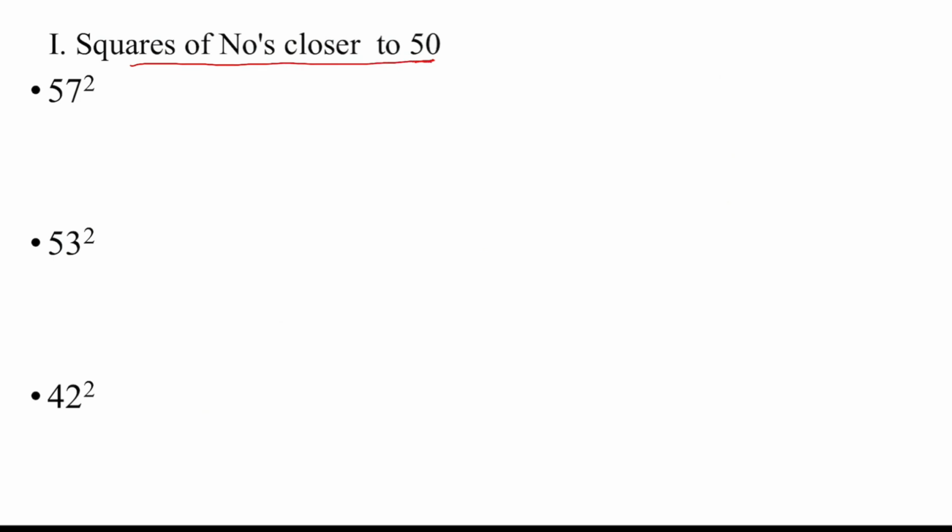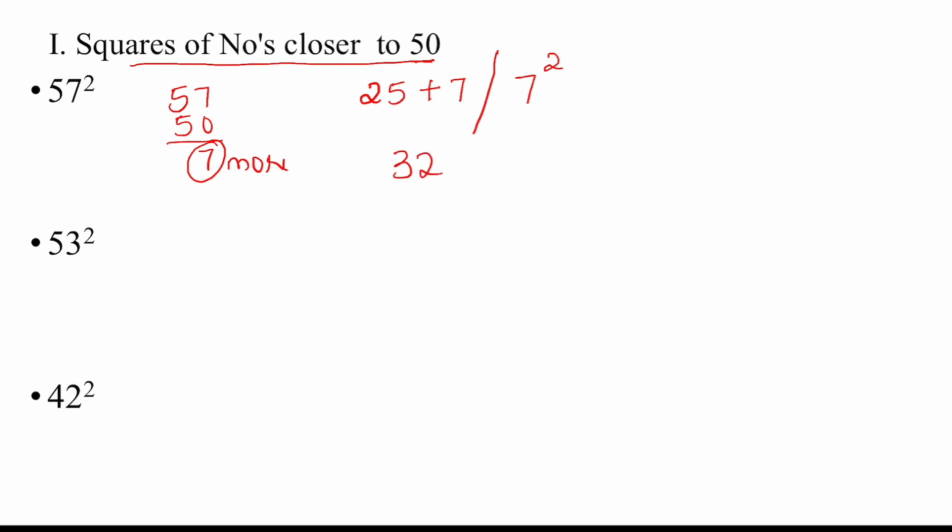Now 57 square. 57 is how much more than 50? 7 more, isn't it? Therefore, add 7 to 25. 25 is fixed for all numbers closer to 50. 25 plus 7, put a bar, and on this side write the square of how much more it is, so 7 square. 25 plus 7 is 32 and 7 square is 49.